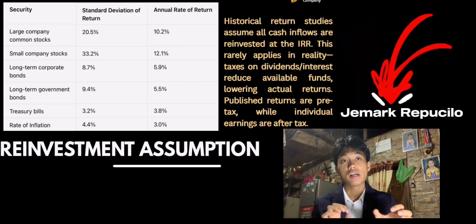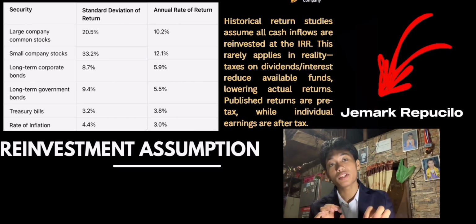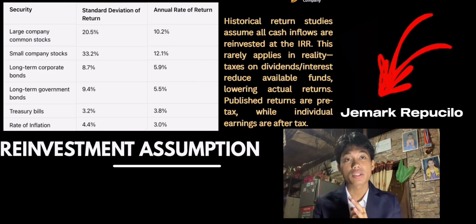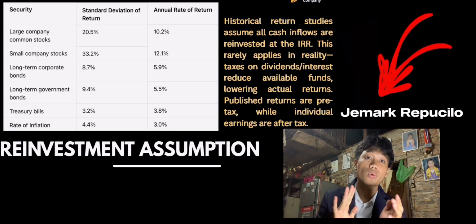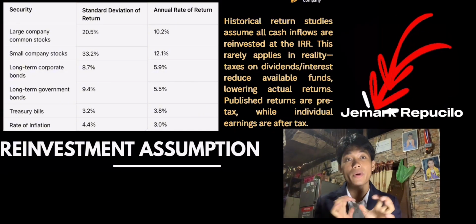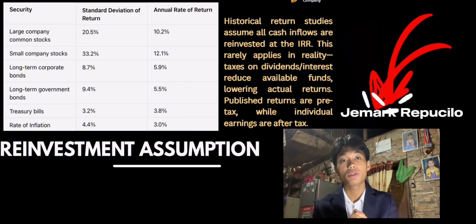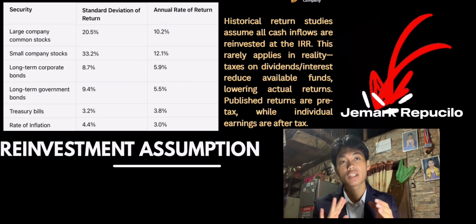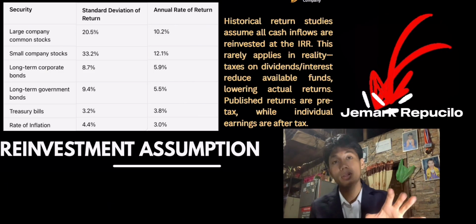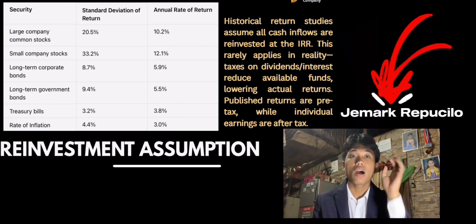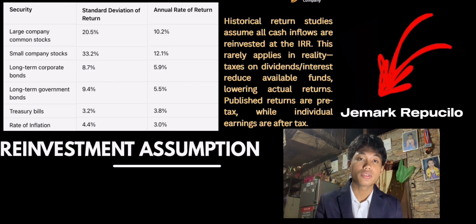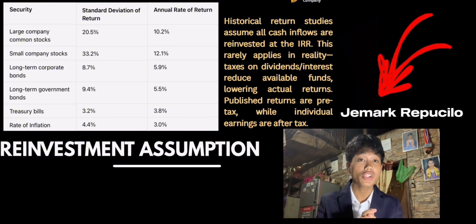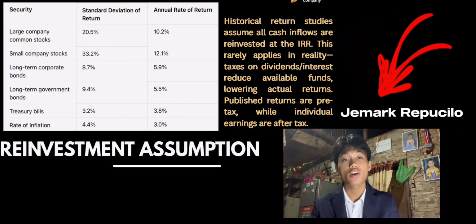Treasury bills have the lowest risk, with a lower return of 3.8%, usually considered very safe. The inflation rate is around 3.0%, which is important because inflation reduces purchasing power over time.